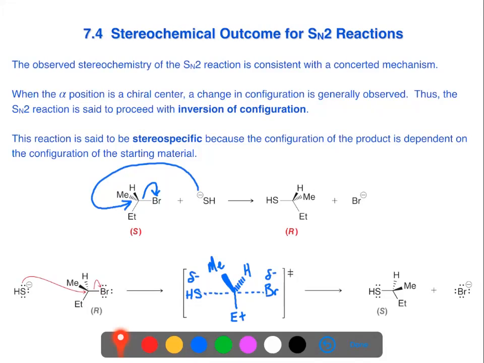It flips it inside out. And so as a result of that movement of these groups around the chirality center, the movement from this direction to this direction leads to this inversion of configuration. So this is something we observe for SN2 reactions.